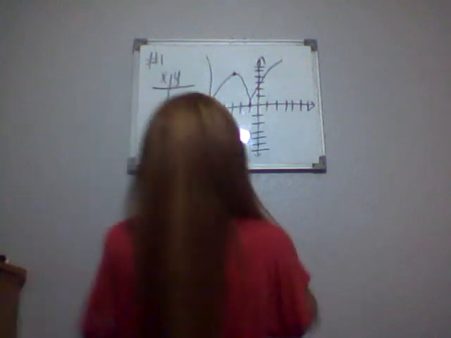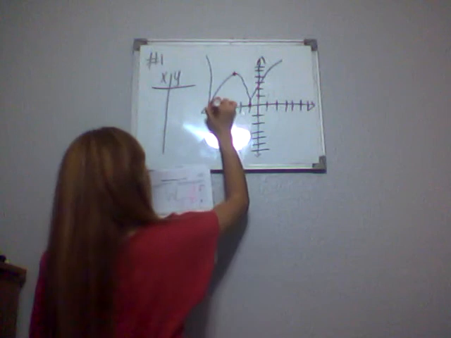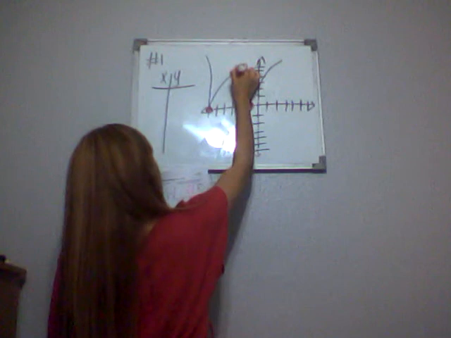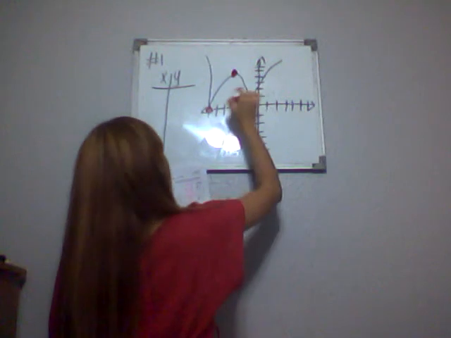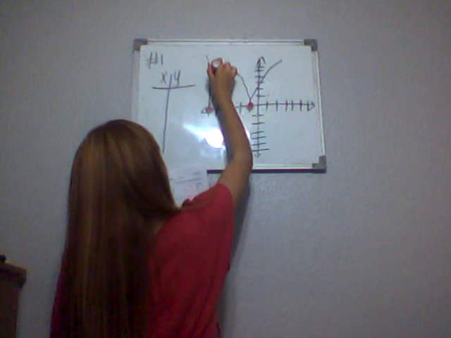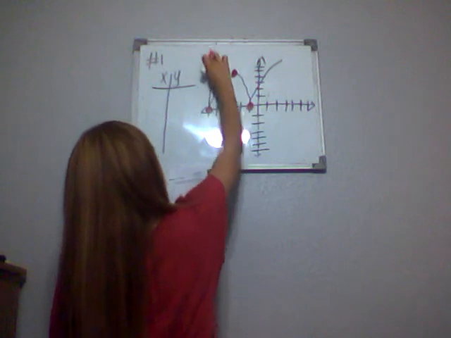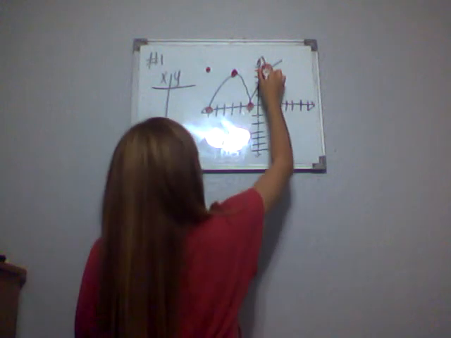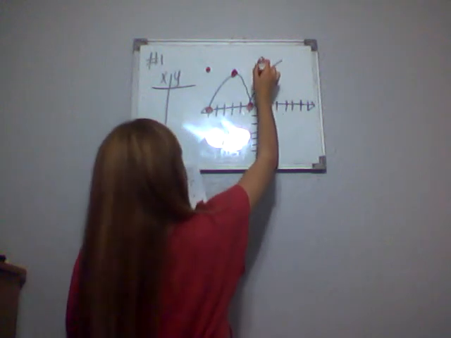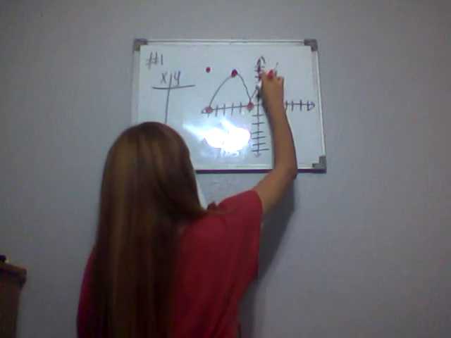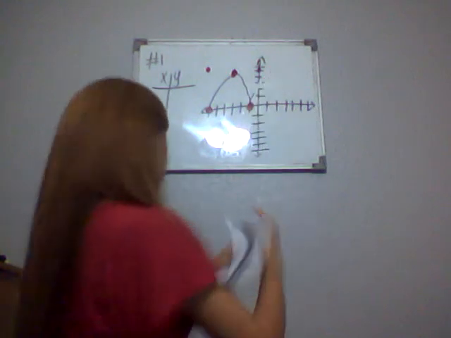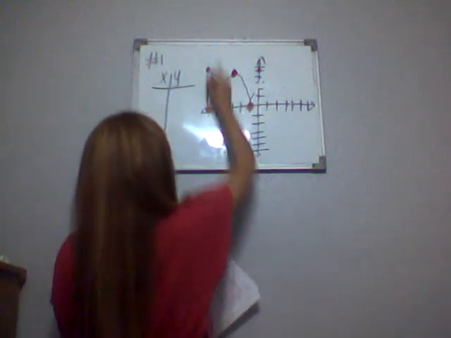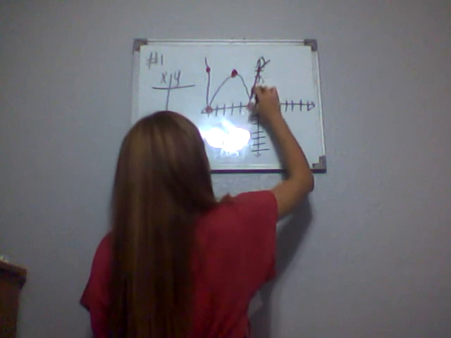Your points are this one right here, this one right here, this one, this one right here. I'm sorry, that line is a little crooked, but you need to find that point. And this point right here, that one's a little crooked also. But those are the points you need to find.